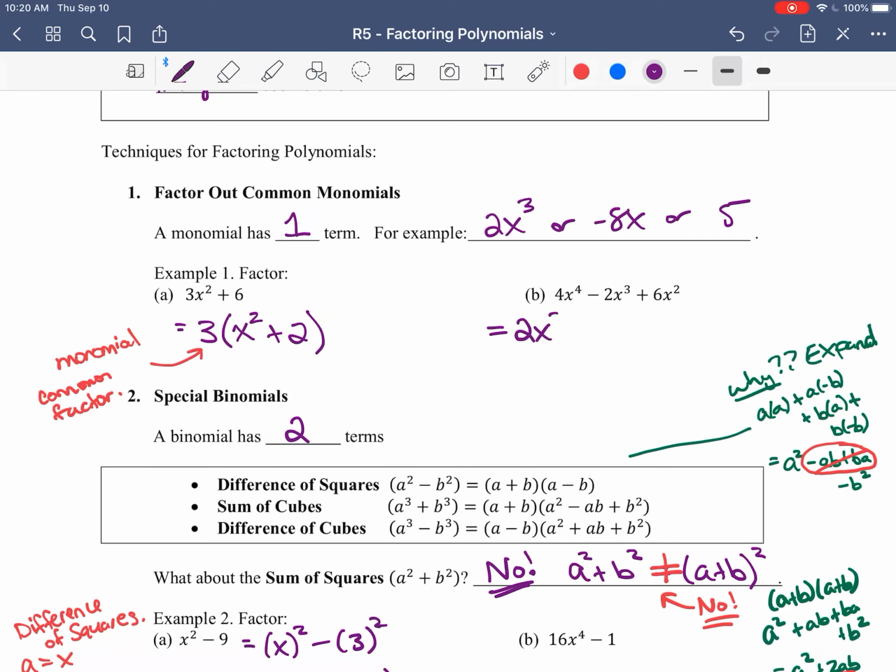So we can take out 2x squared, and that's going to leave behind, in the first term, we only took 2, so there's 2 left to make 4, and we took 2 of the x's, so there's also 2 x's left over. In the second term, the minus is still there. We took the 2 and we took 2 x's, so there's just 1 x left over. And in the last term, we took all the x's, but we only took 2 from the 6, so there's a 3 left over.